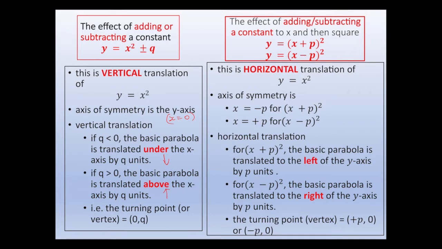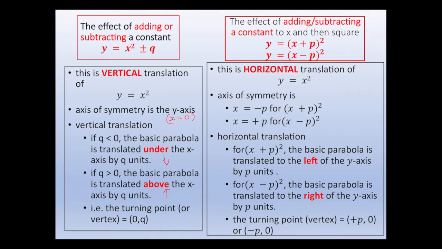This time, for the axis of symmetry, if p is added to x and all squared, the axis of symmetry is x equals minus p. If p is taken away from x, the axis of symmetry is actually plus p.